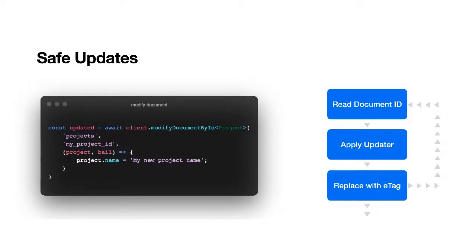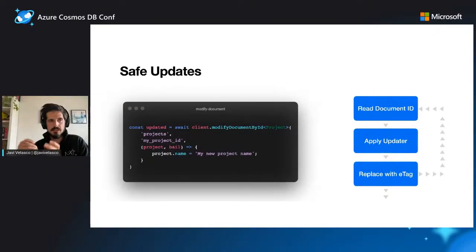What it does is read the document by the ID or the information that is provided, and then apply that updater function. If it performed any changes, it pushes the change. And in case it fails because of the e-tag or the resource version, then it retries and applies the function again. This was really, really helpful for a use case, and it helped us to be super sure that we are not getting into this trouble of overriding data with stale data.